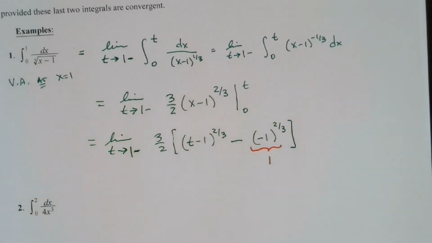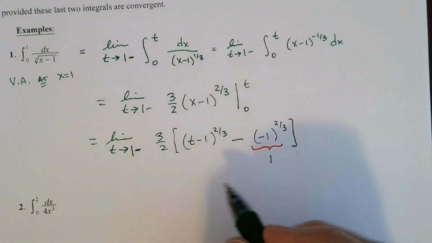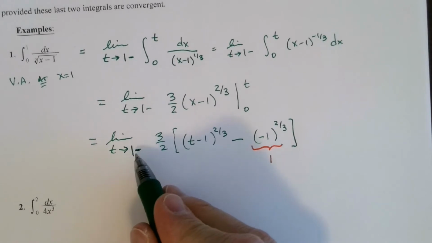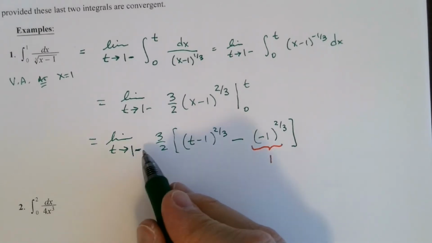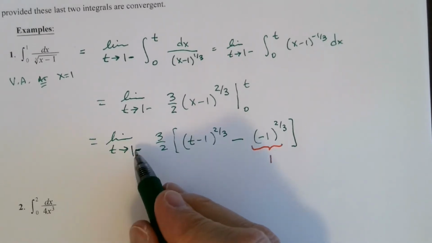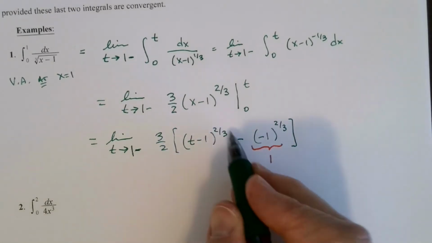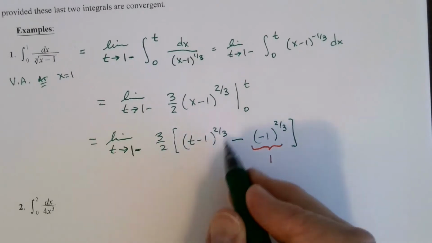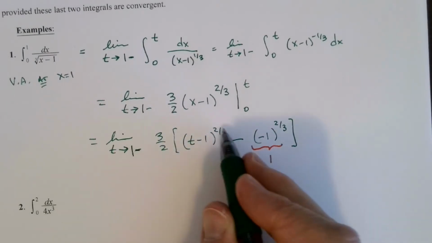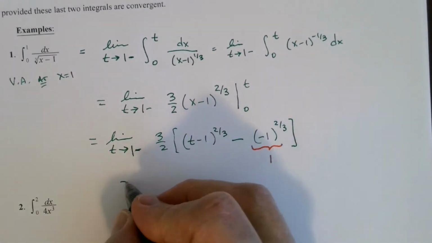Well, does this limit exist? Is it approaching a value? Well, I can plug in directly. We're approaching 1 from the negative side, but I can plug in directly. This function here, t minus 1 to the 2/3 power, is continuous for all values of t. And so I can plug in directly.